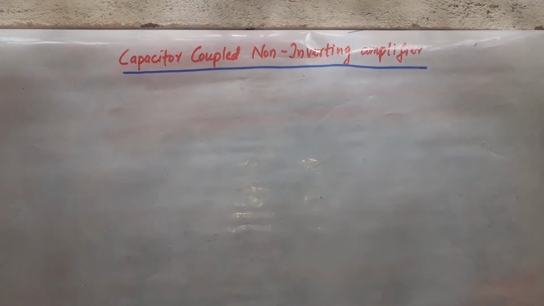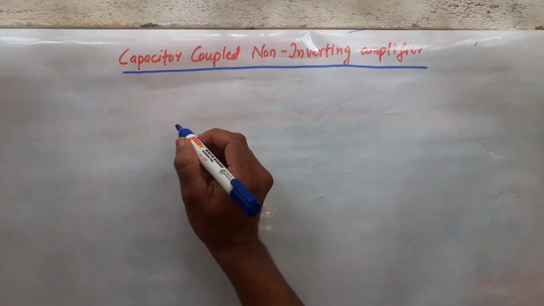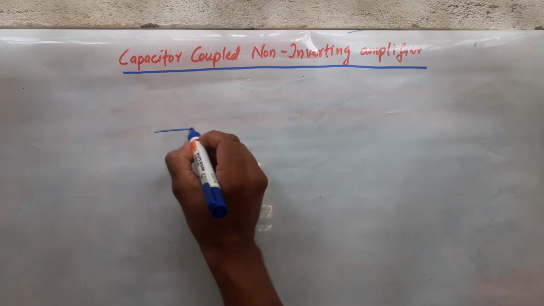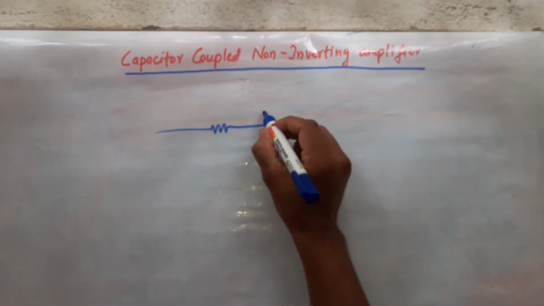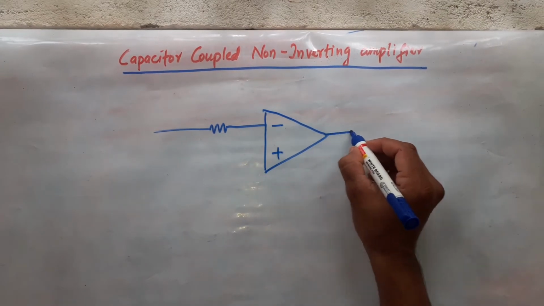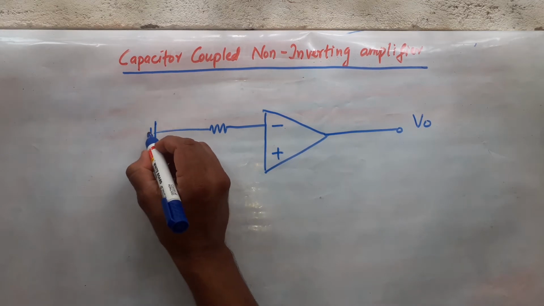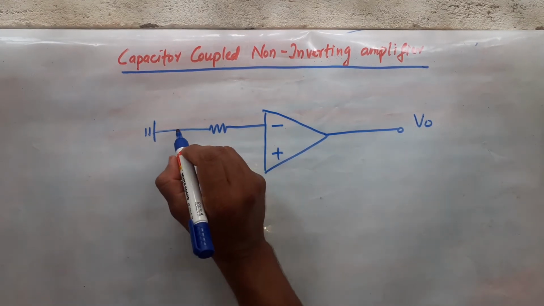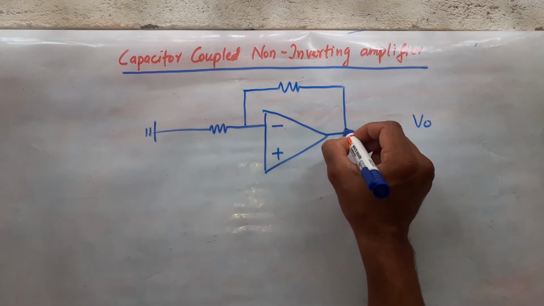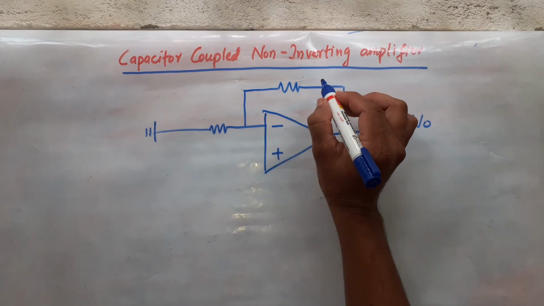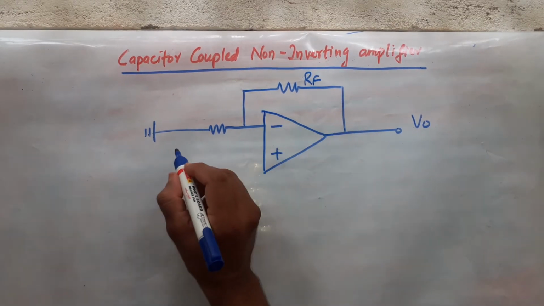Capacitor coupled non-inverting amplifier. For this, first you should draw non-inverting amplifier. This is for non-inverting, means this should be grounded, right? There will be one feedback resistor. We call this RF, right?